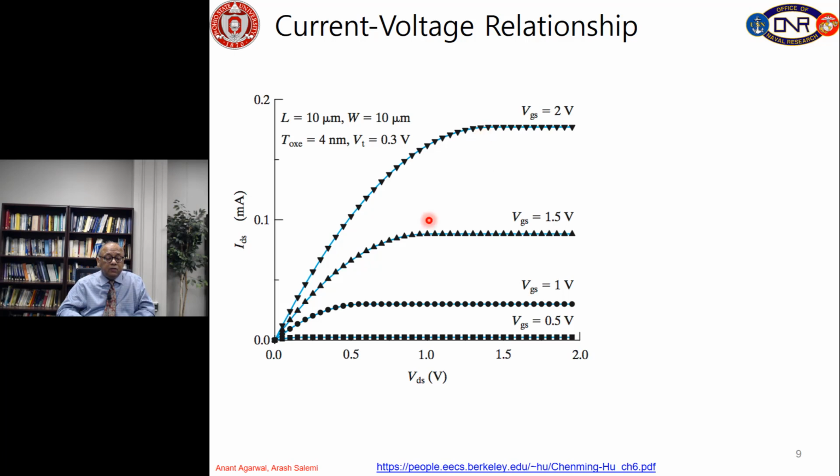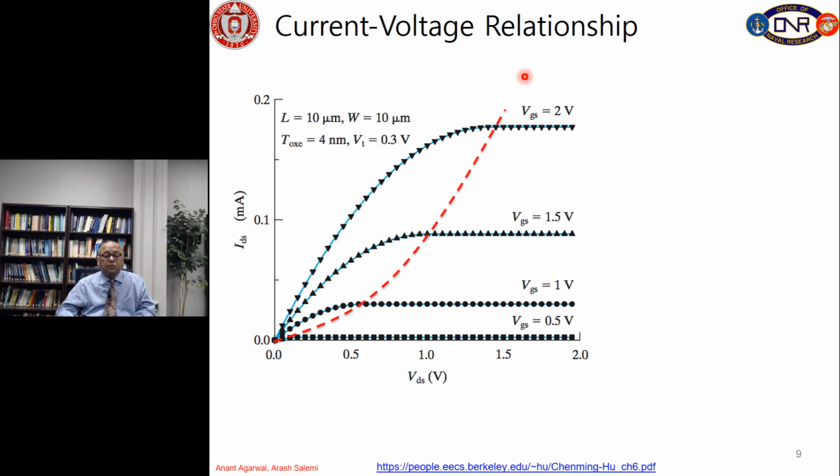And you can see that the knee voltage is roughly VGS minus VT. We can continue to apply this gate voltage, and we will continue to get more and more current out of this device.